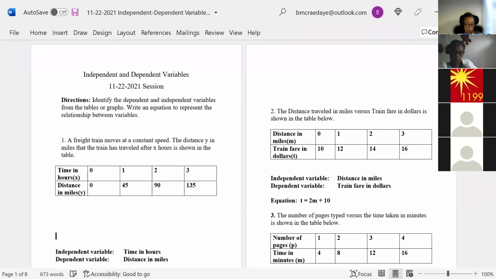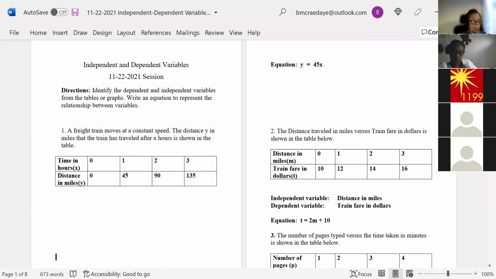All right. Number one, a freight train moves at a constant speed. Does everybody see independent, dependent variables? So we have a table here with the input and the output.